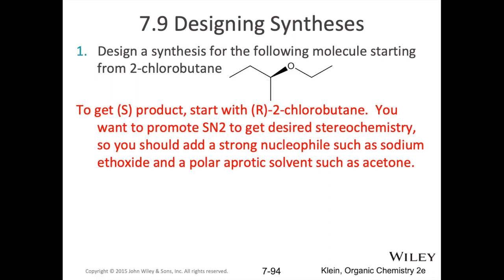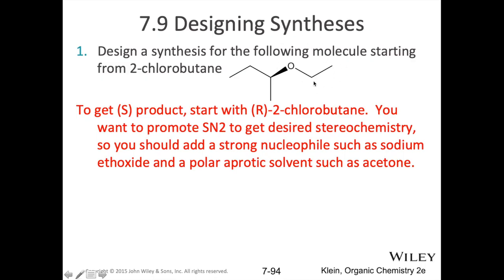Now, looking at this product that we want to make, notice that they're very specific about the stereochemistry on it. This is a chiral carbon. We have a methyl group, an ethyl group, a hydrogen that's not shown, and we have this alkoxy group, or ethoxy group, added on.